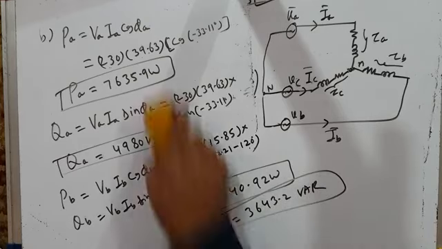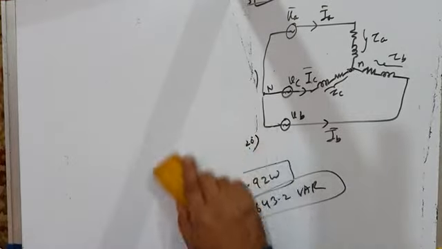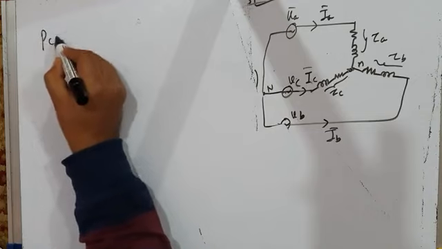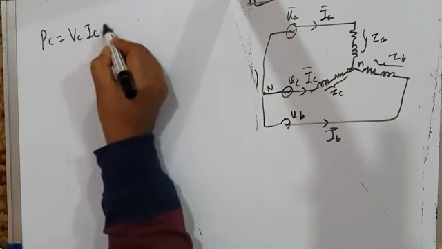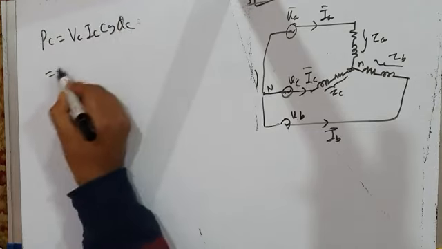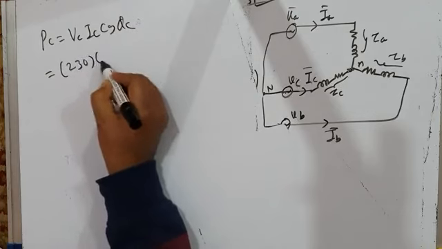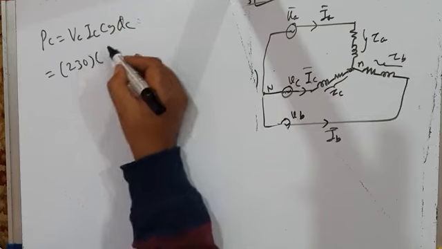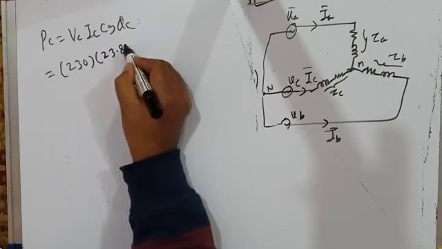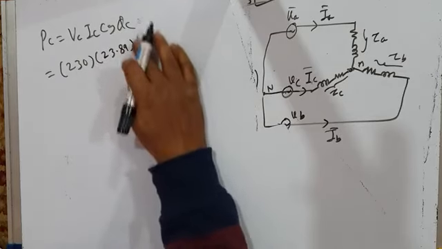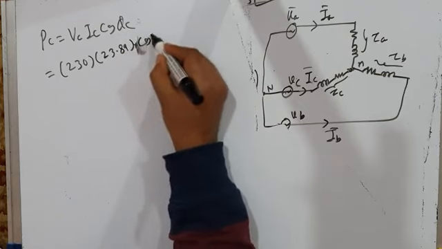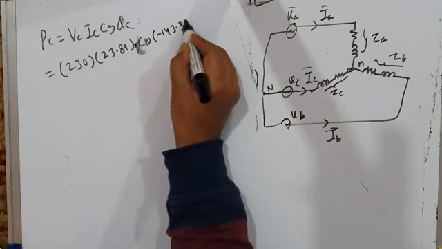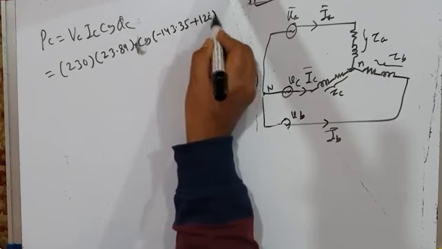Similarly, let us go for phase C, active and reactive power. PC is equal to VC IC cos phi C. That is 230 into the current IC, which we calculated a little while ago, 23.89 amps, into cos of phi C. Phi C is -143.35 plus 120 degrees.